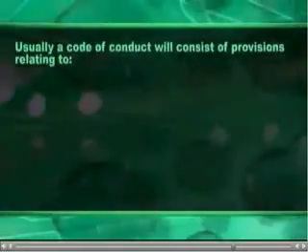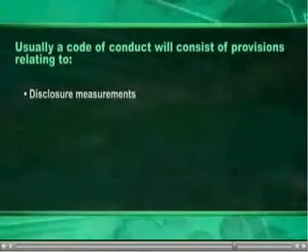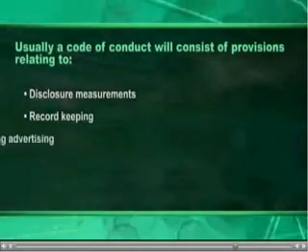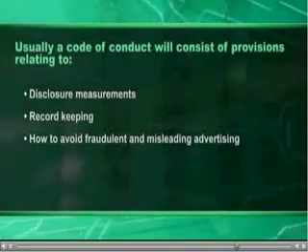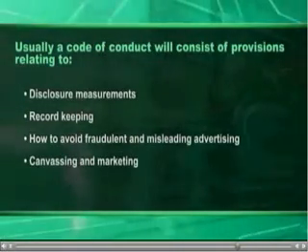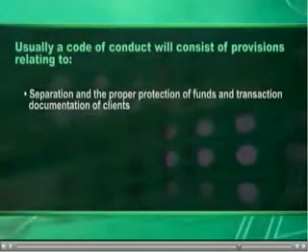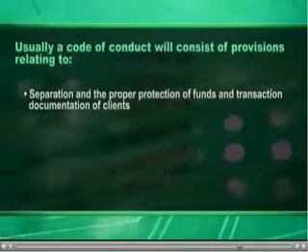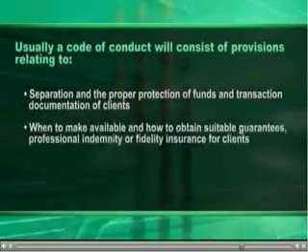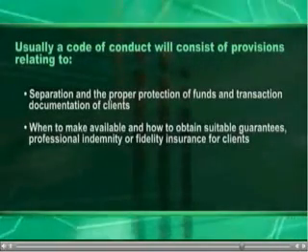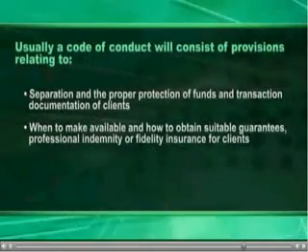Usually, a code of conduct will consist of provisions relating to disclosure measurements, record keeping, how to avoid fraudulent and misleading advertising, canvassing and marketing, how to ensure proper safekeeping, separation and the proper protection of funds and transaction documentation of clients, and where appropriate, when to make available and how to obtain suitable guarantees, professional indemnity or fidelity insurance for clients.